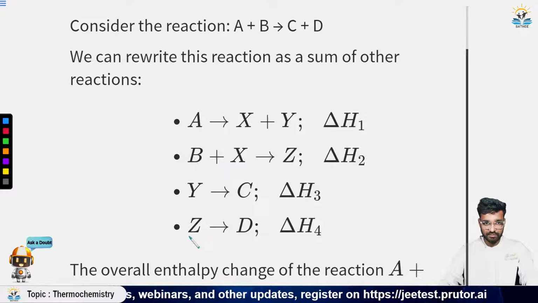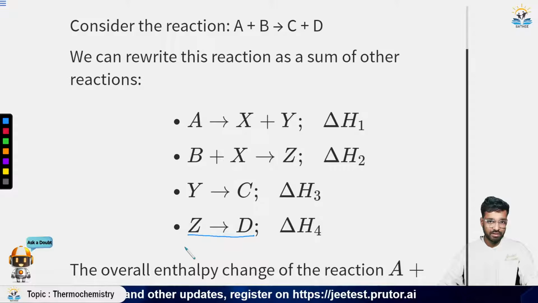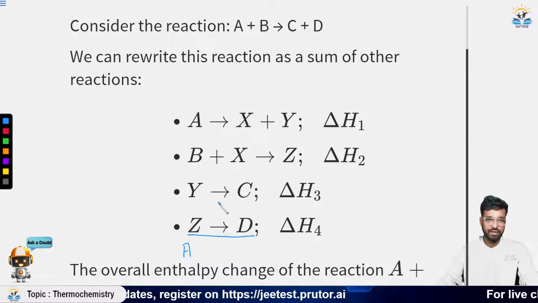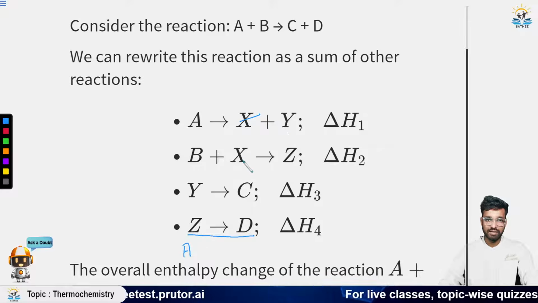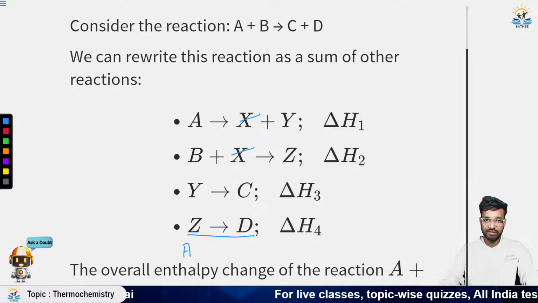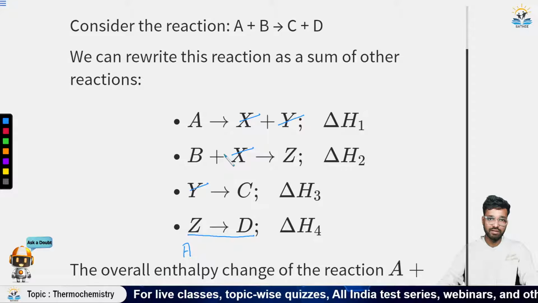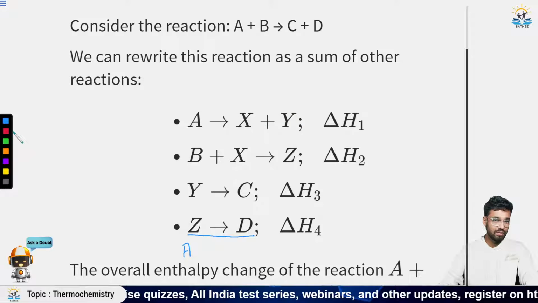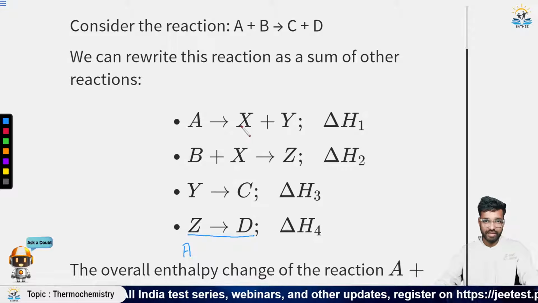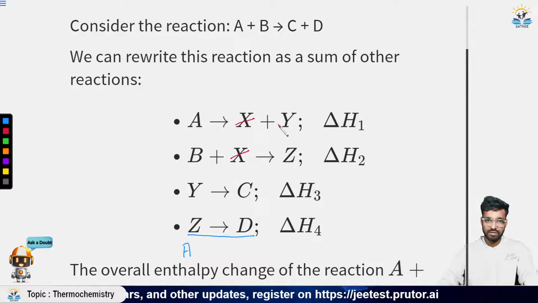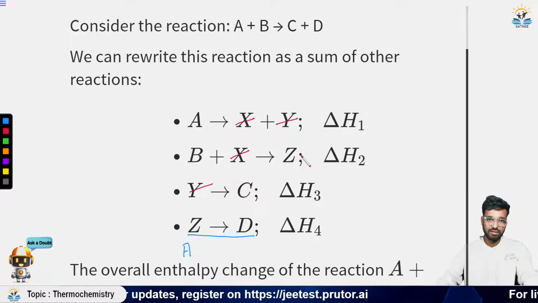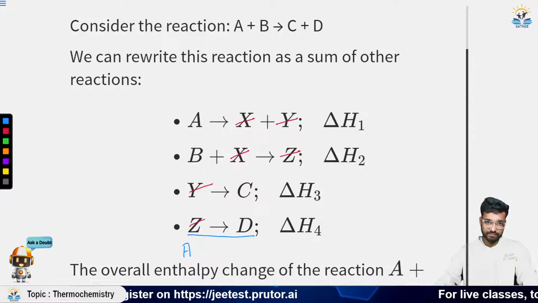So A will come here, then we have X. This X is on the right side and this X is on the left side, so they both get cancelled. Similarly Y and Y get cancelled, because they are on opposite sides of the equation. Similarly Z and Z.